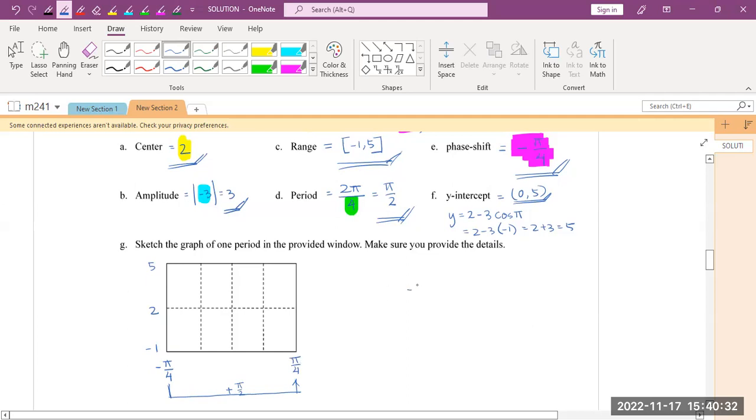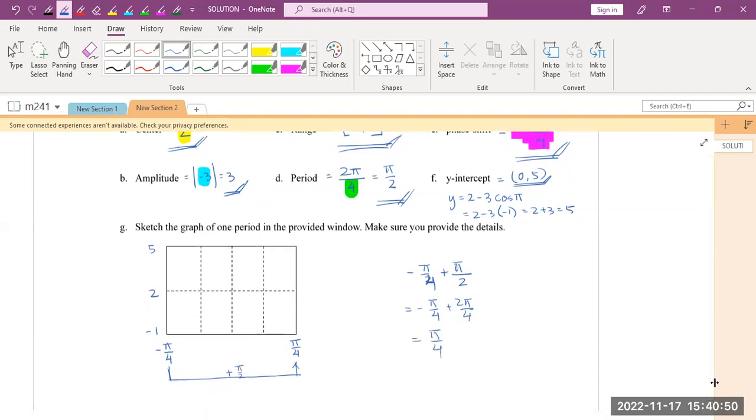Okay, let's see. Negative pi over 4 plus pi over 2. We do the LCD. We get pi over 4, right? So that's where the one cycle ends.